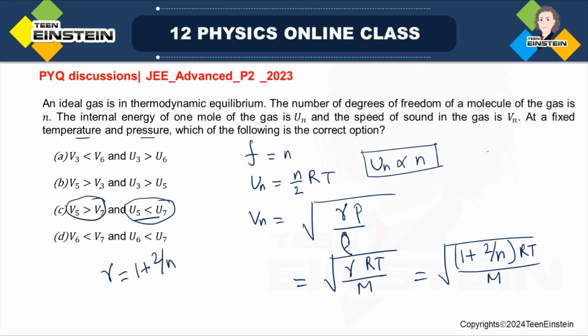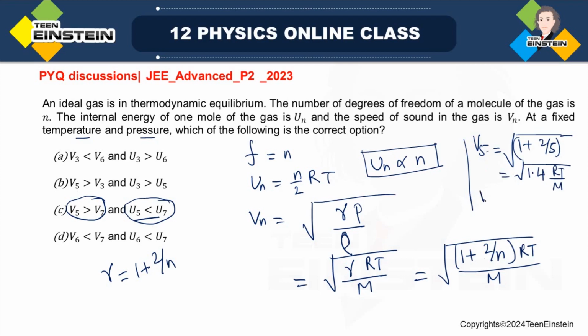If we put n is equal to 5, what do I get as Vn? V5 will be equal to the square root of (1 plus 2 by 5) RT by M. This RT by M is constant anyway, so I am just taking this value itself. This will be 0.4, so 1.4 times RT by M, under the square root.